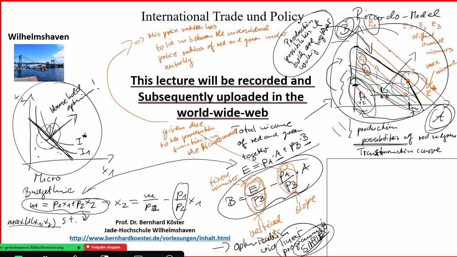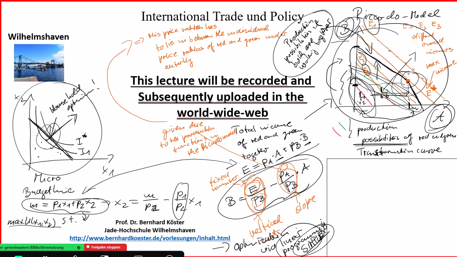Well, and then of course, if the two slopes are different, the one country has a comparative advantage in producing one good and the other country in the other good. And if they now work together, then you just move outward the flatter transformation curve parallel horizontally and the steeper one to the right.